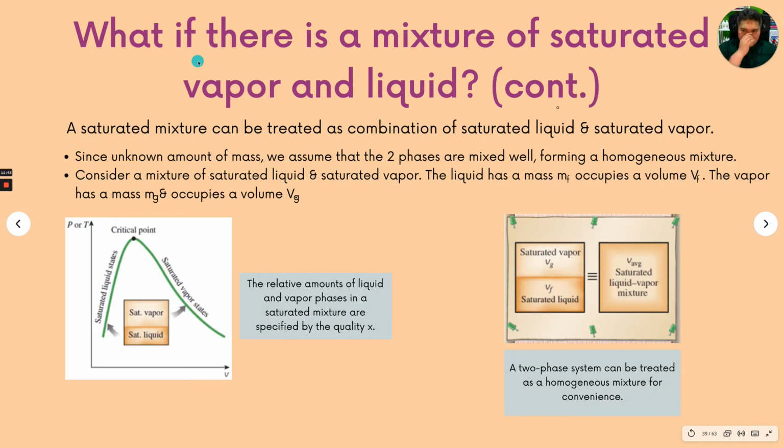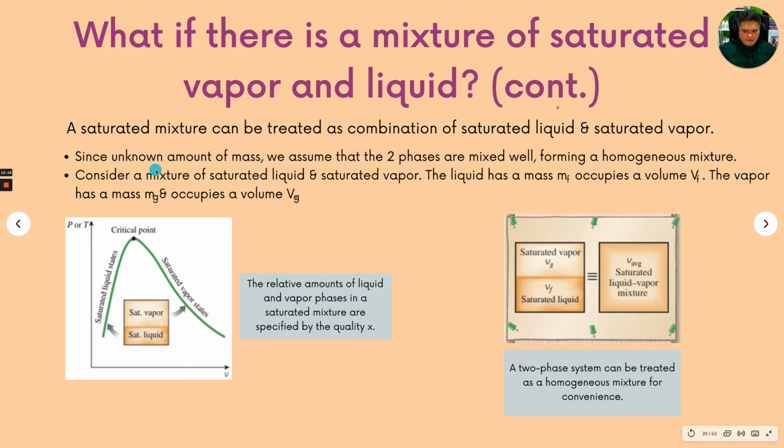Continuing with the slide, a saturated mixture can be treated as a combination of saturated liquid and saturated vapor. The combination of saturated vapor and liquid is the same amount as what we call v average, the saturated liquid-vapor mixture.